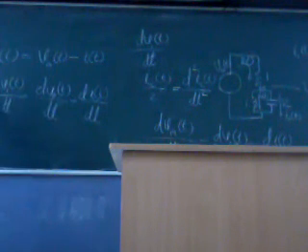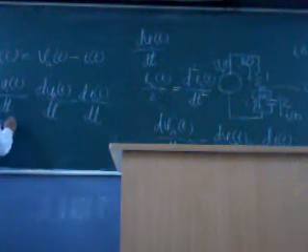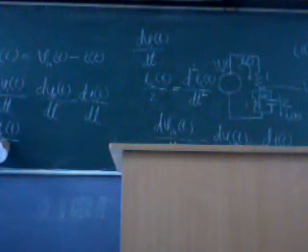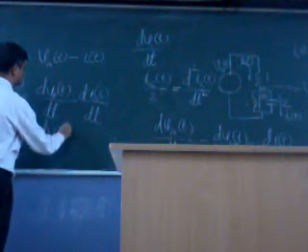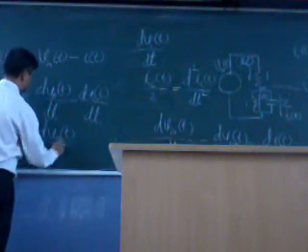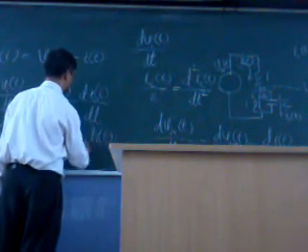What is dV1(t) upon dt? It is I_C(t) upon 2, but that is of no use for me right now. Let us say I_C(t) upon 2 is equal to dV_in(t) upon dt minus dI(t) upon dt.